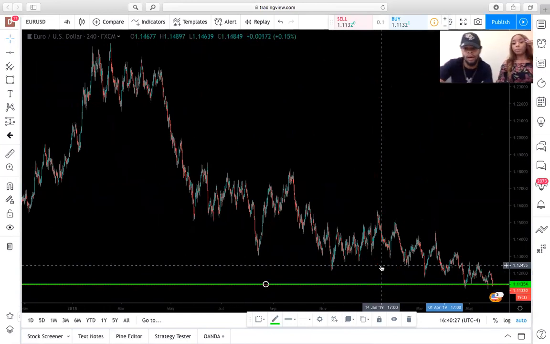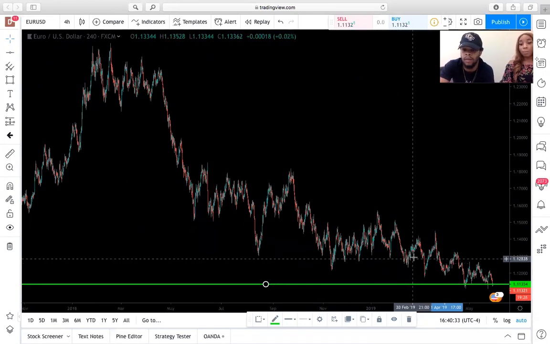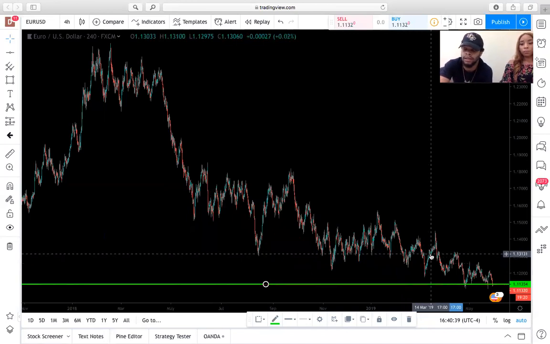So yes, another one. The reason why you want to go back and backtest and see where price had trouble getting at or resisting is because these lines are very essential. You have to know when it's a right support and resistance line, because if not, then your analysis can be wrong, and you can get in the trade for a buy and it really went for a sell.